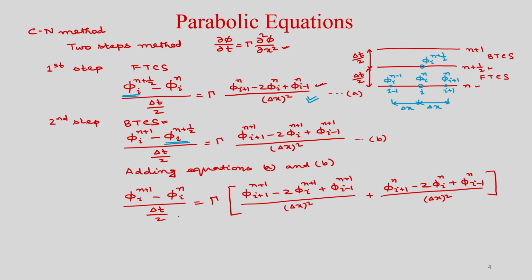Okay. So now this half you can take this side. So it will be phi I n plus 1 minus phi I n divided by delta t. So delta t we are taking here, and half we are taking on the right hand side.